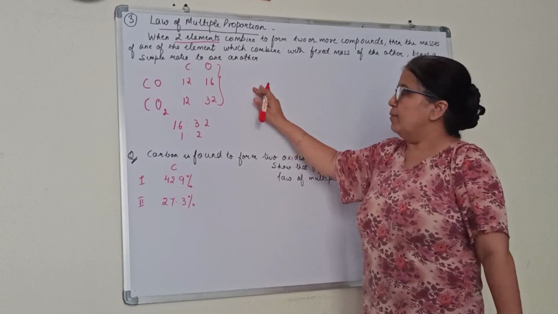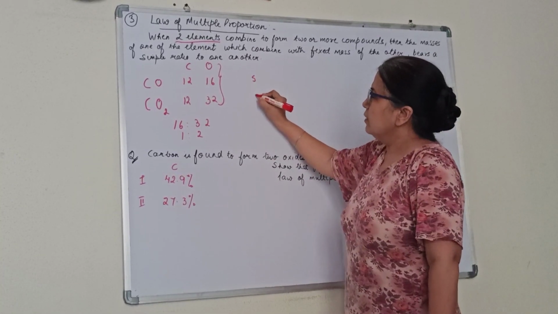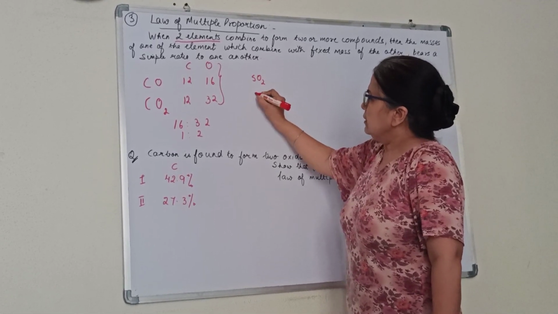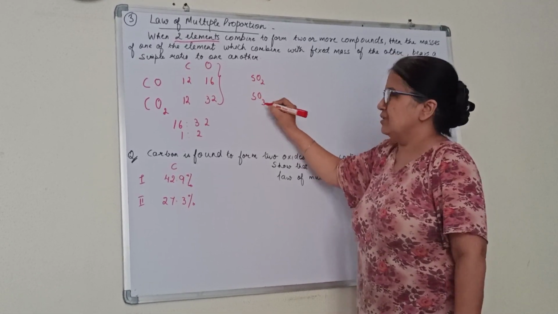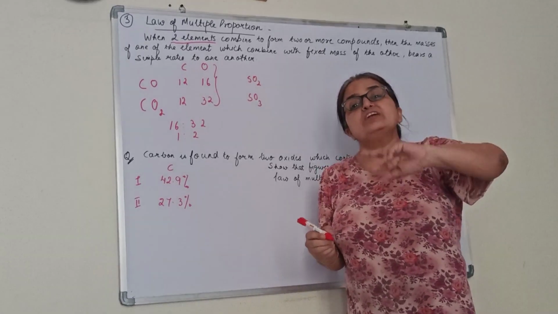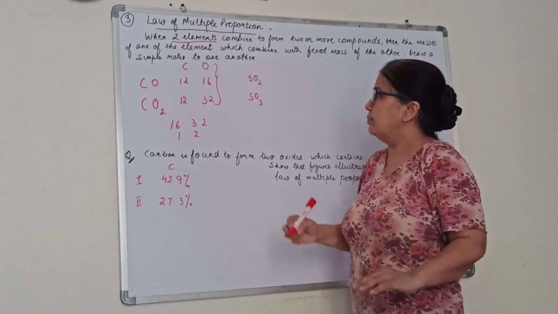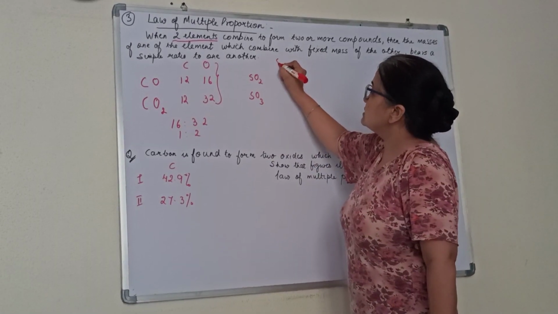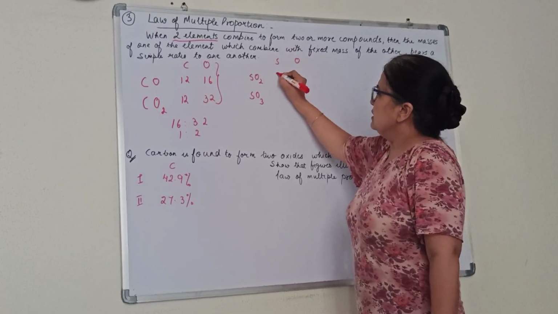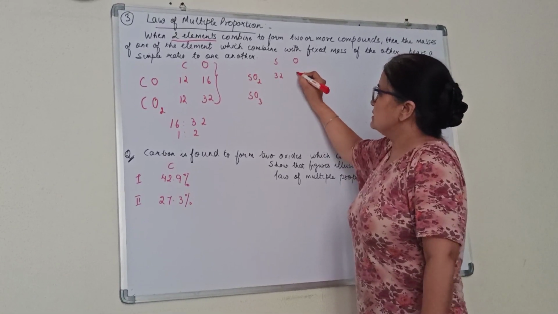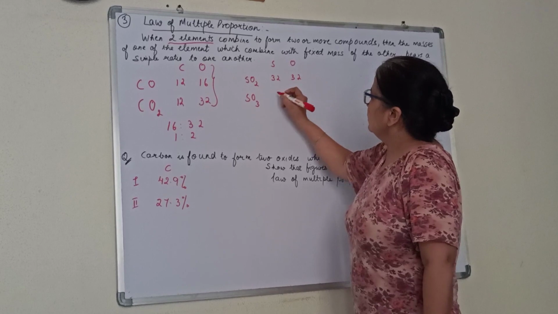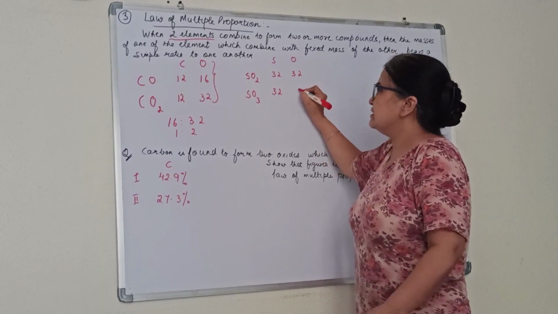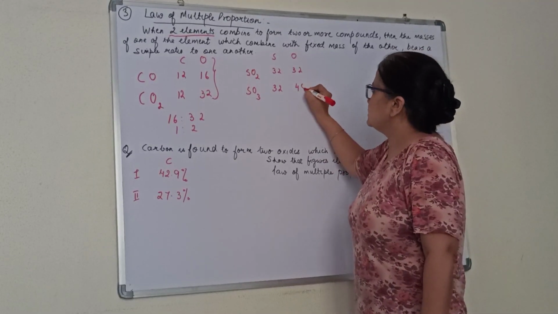Let's take another example. Sulfur, oxygen. SO2, SO3. Even this forms two different types of oxide, two different compounds. Let's see how much sulfur and oxygen are in them. Sulfur is 32, this is 16 into 2, 32. This is 32, 16 into 3, 48.